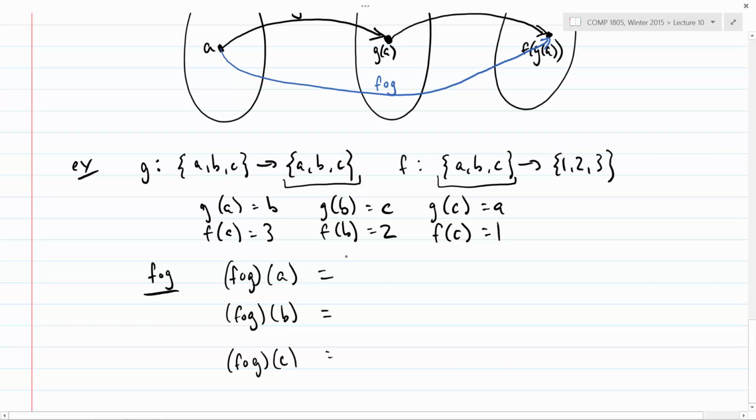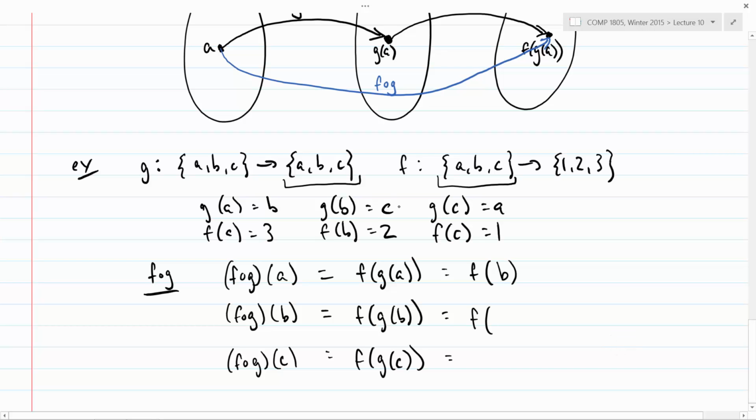Okay. So now I just plug in the definition. What is f of g of a? What is f of g of b? And what is f of g of c? Well, g of a is b. G of b is c.